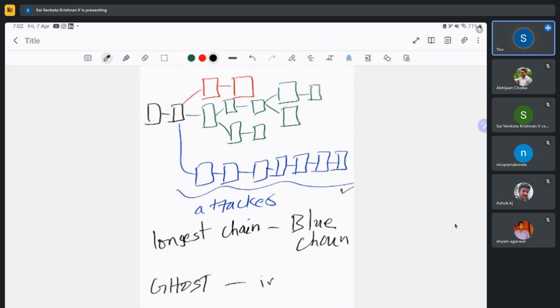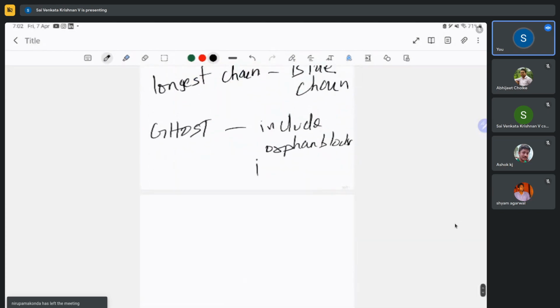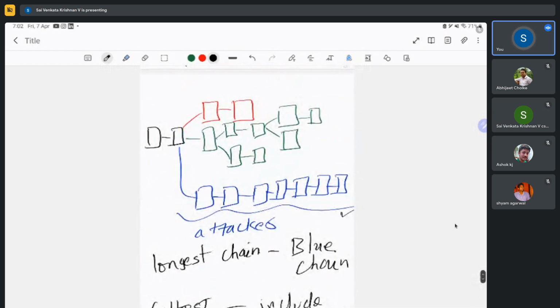It includes the orphan blocks in the weight calculation. As in, if a particular block has more children, if I start from this block over here, this block has one child only, and this block has three children. These two blocks are confirmed, as in there are no forks or other blocks at that same height.